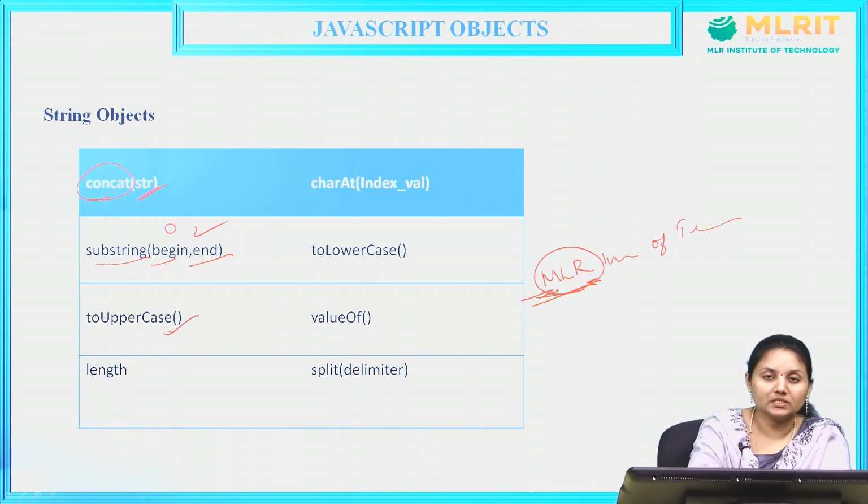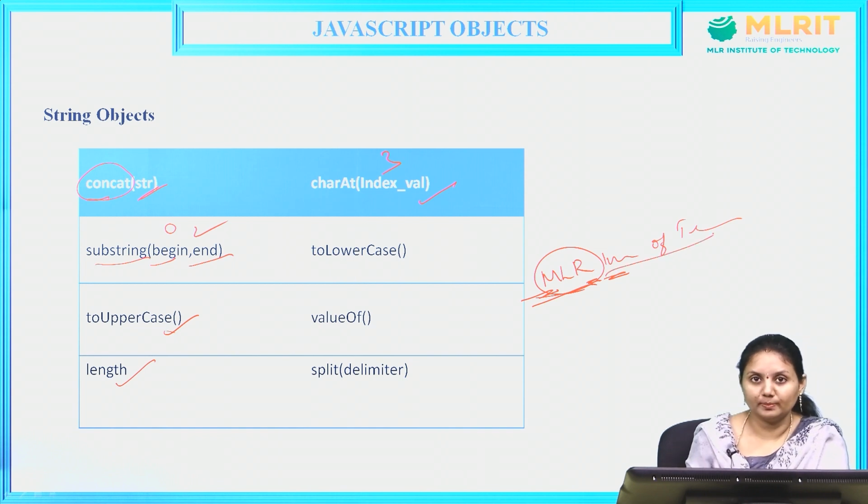To uppercase converts the string into uppercase. Length takes the length of the string. Char at means it will take the index. Suppose I pass the index value as 3, then from Institute of Technology it is going to print. That position value we are passing. To lowercase will convert the given string into lowercase.